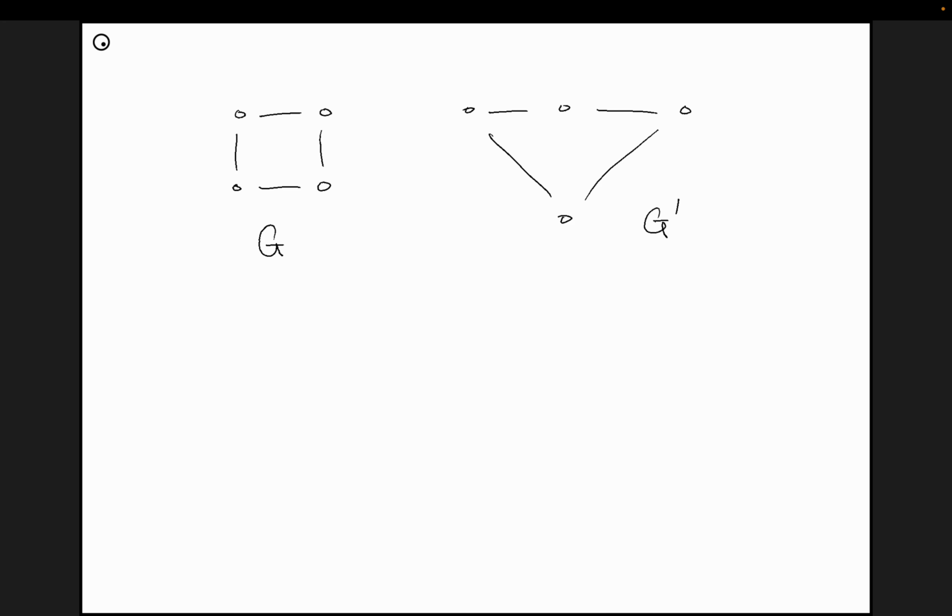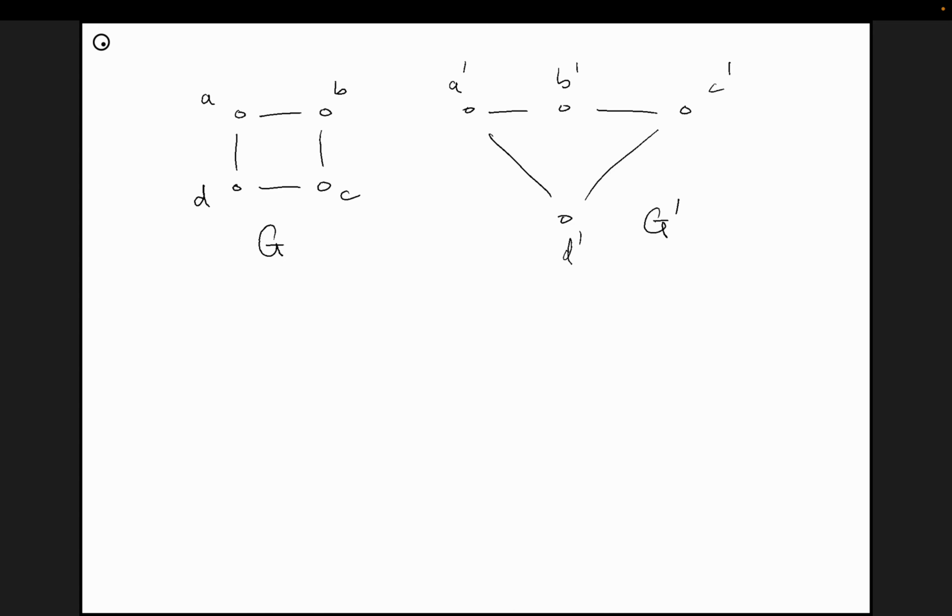If you look at it, and if you give names to the vertices of the graph, like so, A, B, C, D, you see that really nothing is changing here. If I denote A prime, B prime, C prime, and D prime.